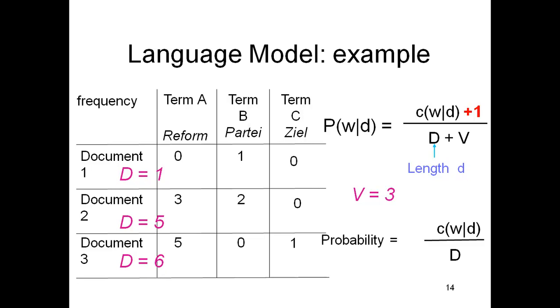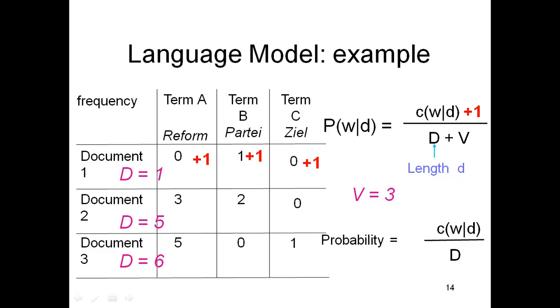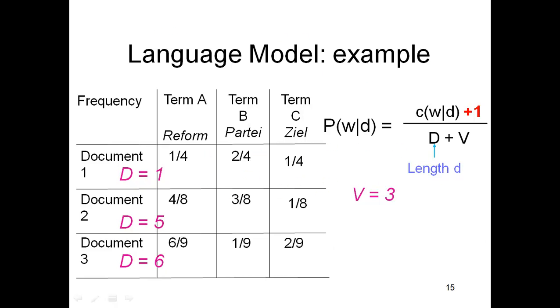In our formula we add 1 and make our division. So where we had 0, like in Reform for document 1, which appears 0 times, we add 1. That makes it 1 divided by 4, where 4 is D plus V: document length, which is 1, plus vocabulary size, 3, makes it 1 out of 4.